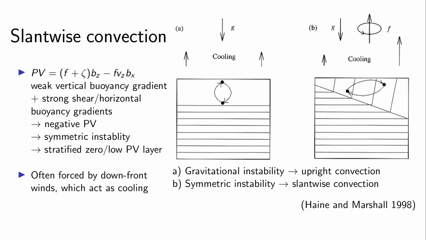And just to walk you through a little bit more of what symmetric instability is that's triggering this slantwise convection, we can look at a pretty general form of PV here.